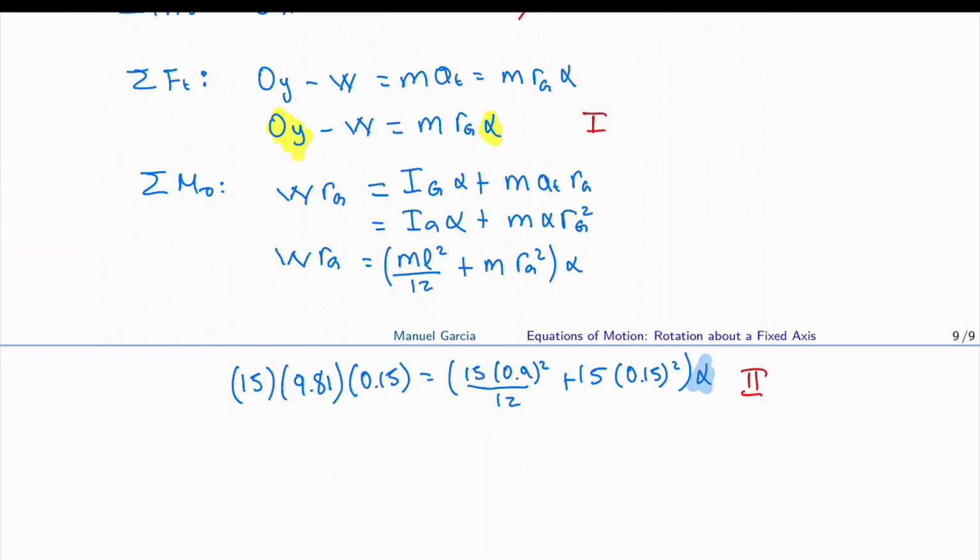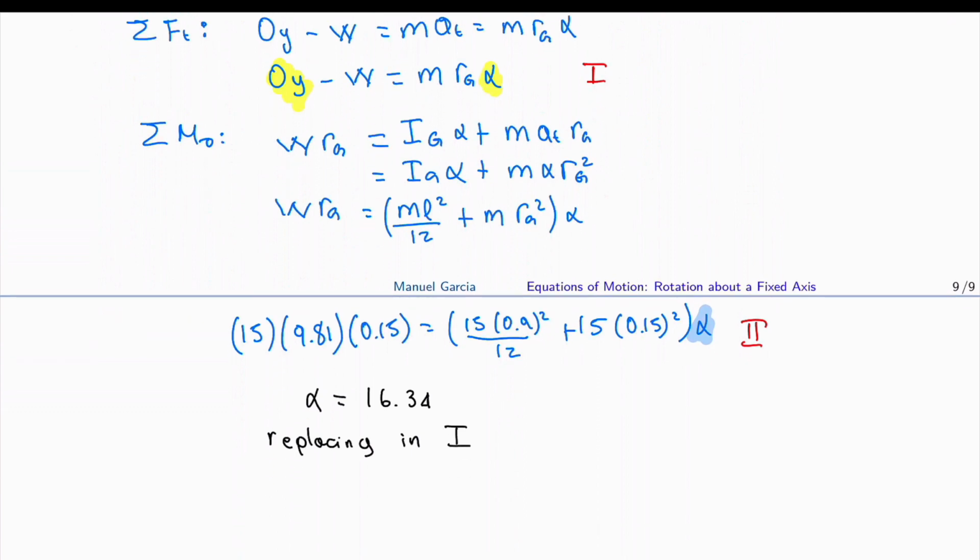From this one, alpha should be equal to 16.34, and then by replacing in equation 1, we'll have that the y component of the support is equal to 110.235 newtons. And so that's the answer.